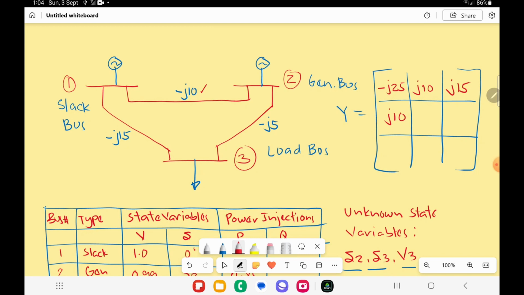For Y23, we have J5. And Y22 is negative J15. For Y31, we have also J15. For Y32, J5. And for Y33, we have negative J20.